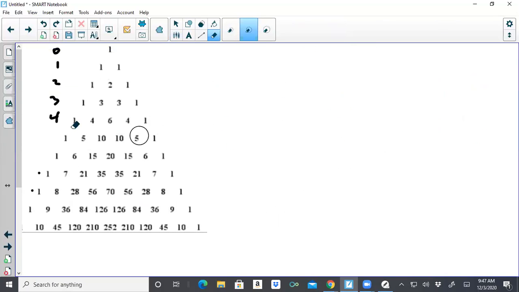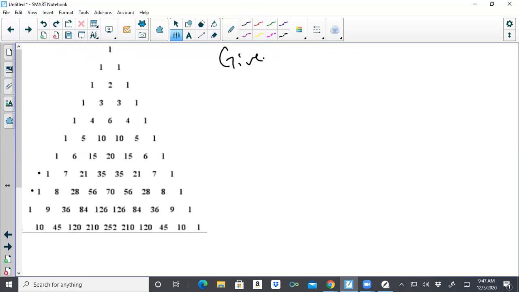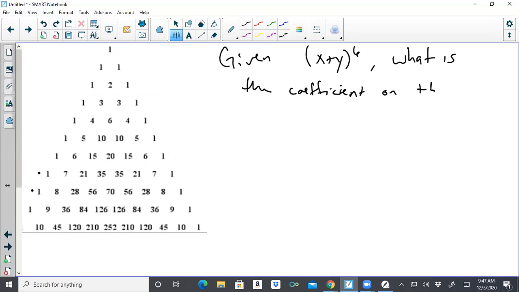this, where they'll say, like, given x plus y to the 6th, what is the coefficient on the x, y to the 5th term?